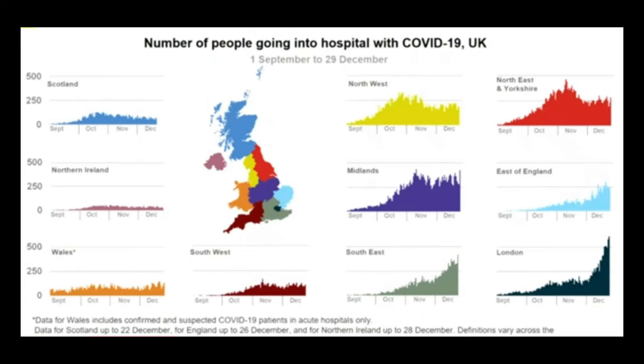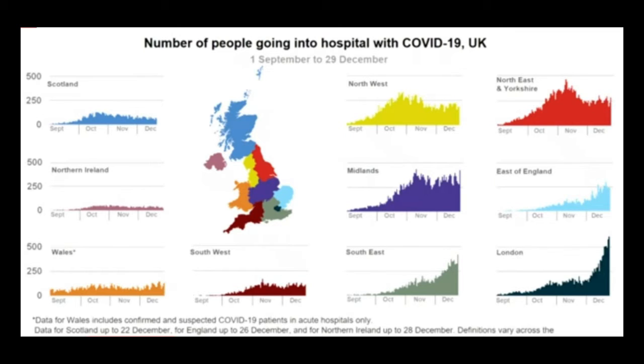This is now being reflected in the number of people going into hospital with COVID-19 across the UK. On the extreme left, you can see Scotland, Northern Ireland and Wales, and then you can see the English regions on the right of the slide. And I really want to draw your eye to the three in the bottom right-hand corner, the South East, London and the East of England, where you can see very sharp rises that have really taken off since early December, but particularly so in London in the last few days.